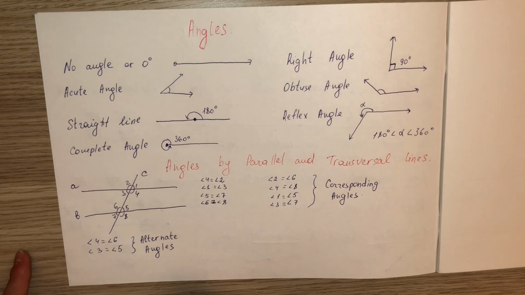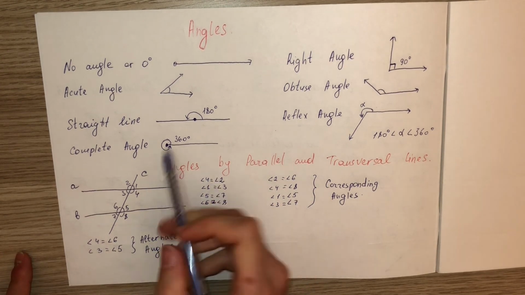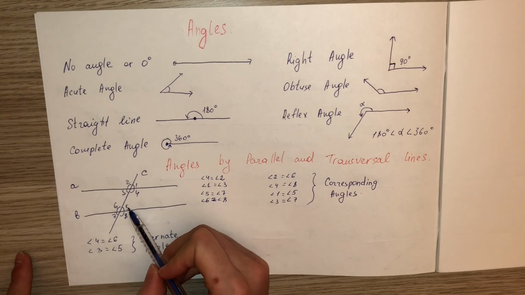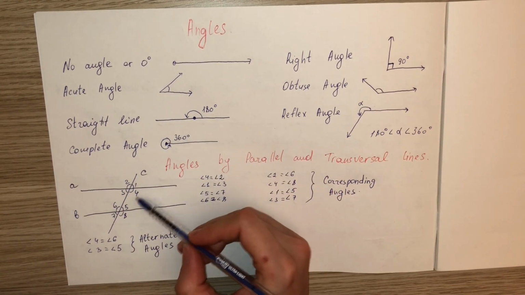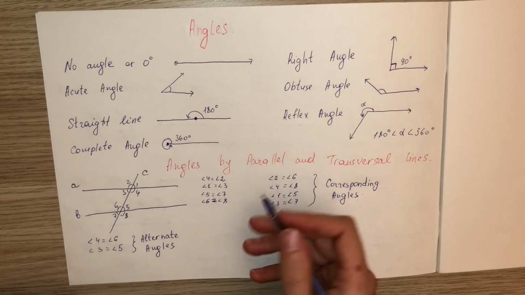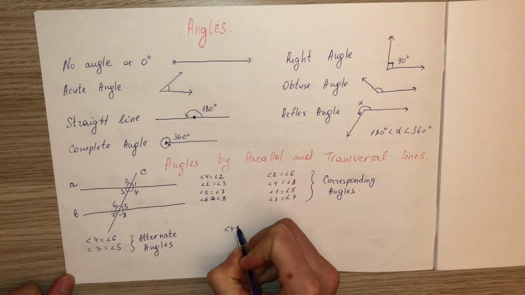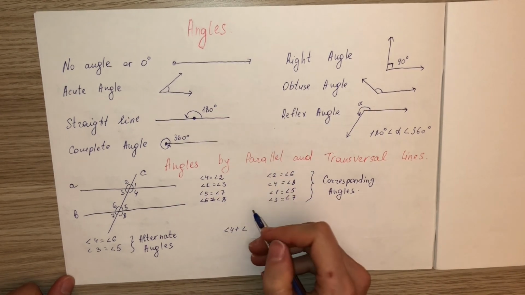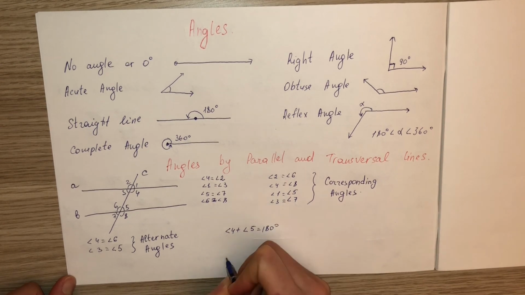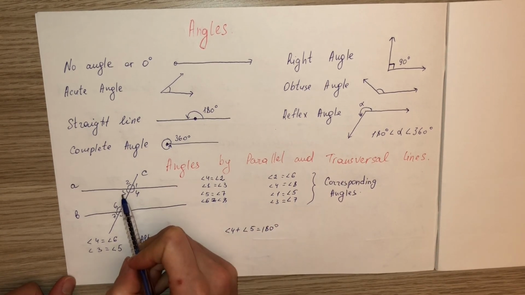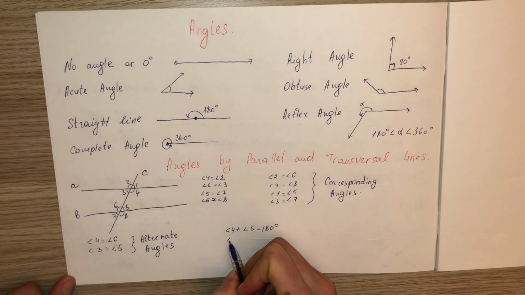Angle 4 and 5. What about them? Angle 4 and 5 are situated inside of these parallel lines, and the sum of these two angles is equal to 180. Also angle 3 and angle 6.